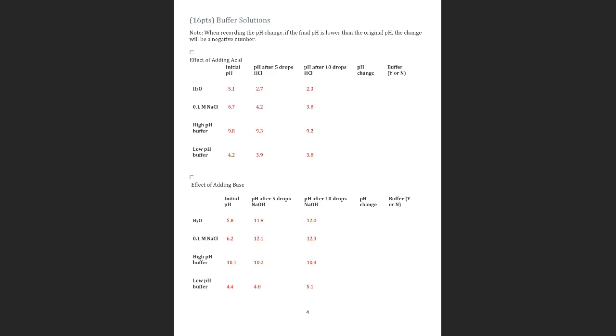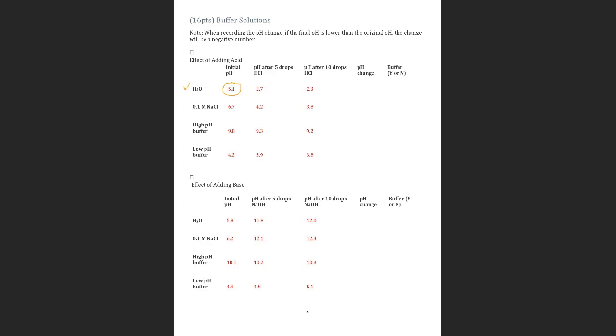In this case, let's look at the first one. You have H2O, you have water. You measure the pH, and they are telling you that the initial pH of the water is 5.1.